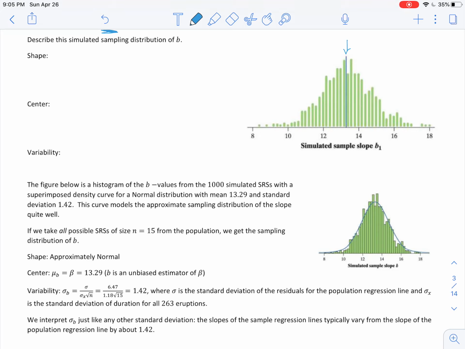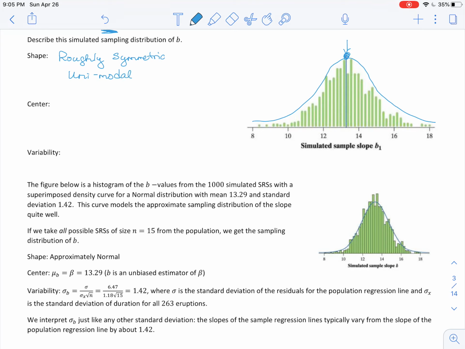This is beta. So what we can see in this dot plot are the basic descriptors for any type of graph. So we can see the shape. It is roughly symmetric, so this side is about the same as that side. Clearly not the same, but roughly symmetric. It is unimodal, so there's a single peak in the middle, so I'm going to note that.